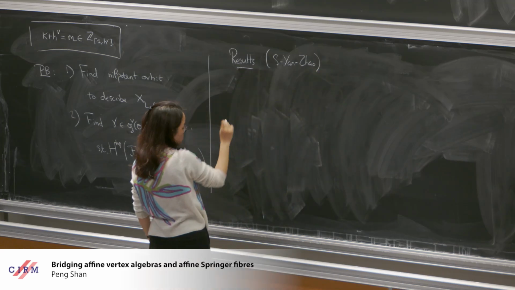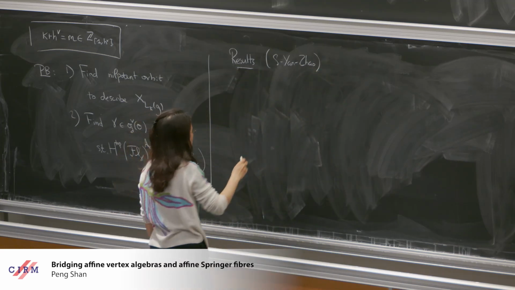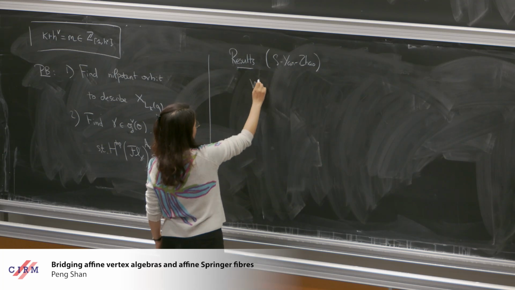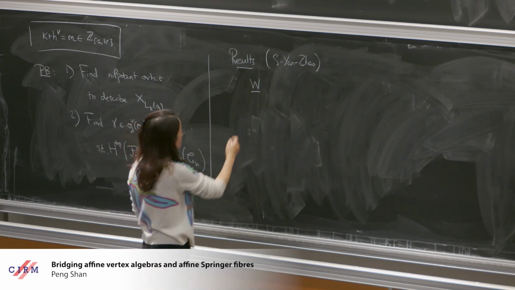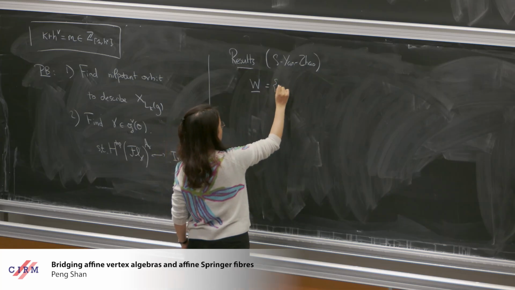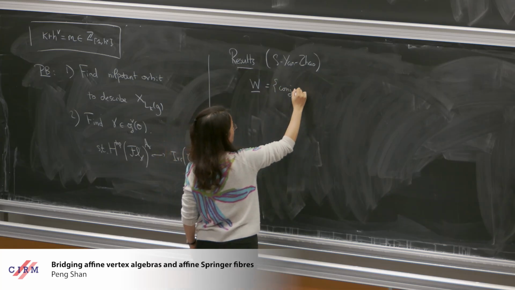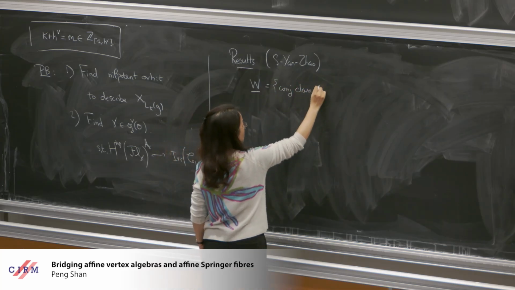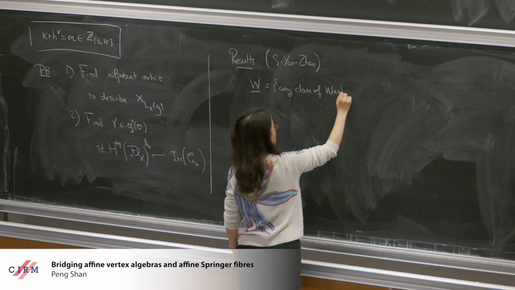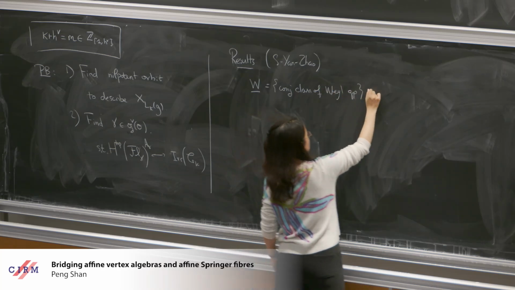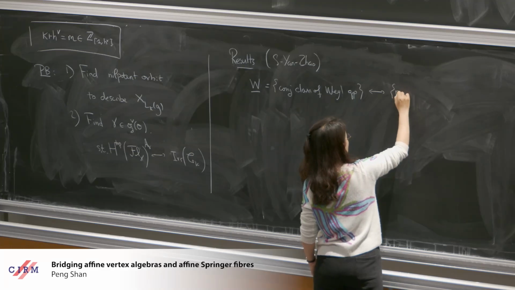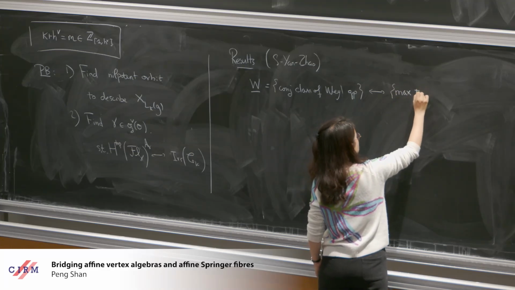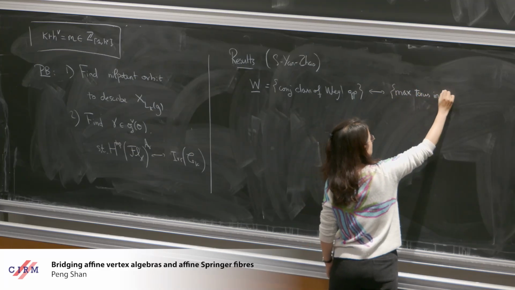So as was mentioned in Charlotte's talk this morning, for the loop group, there is a similar bijection between conjugacy classes of the Weyl group, and conjugacy classes of maximal tori in the loop group.